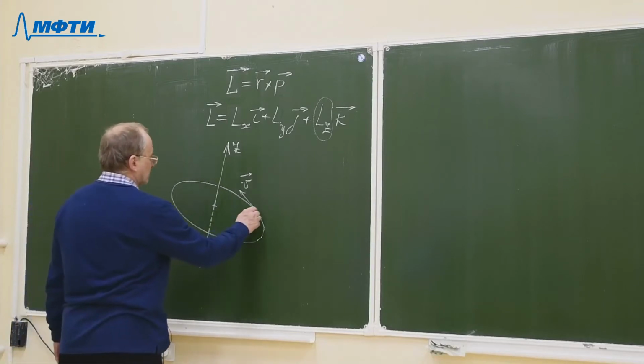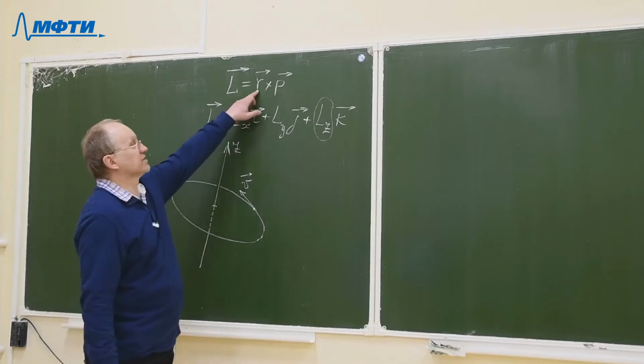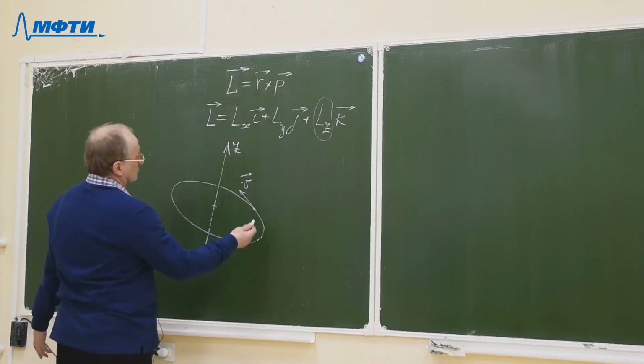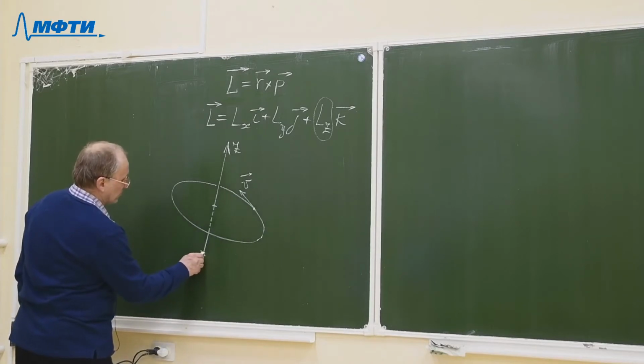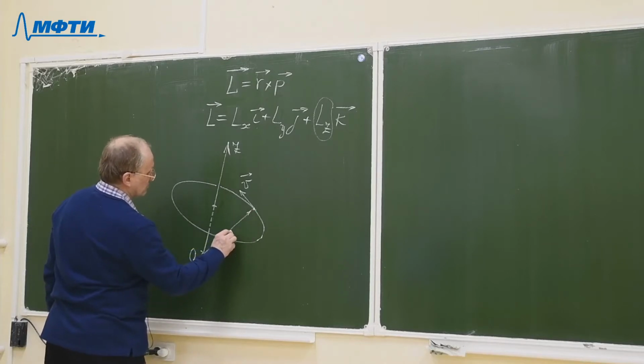And also this point will have some radius vector r relative to some reference point O. So this is the reference point, and that's the radius vector r.